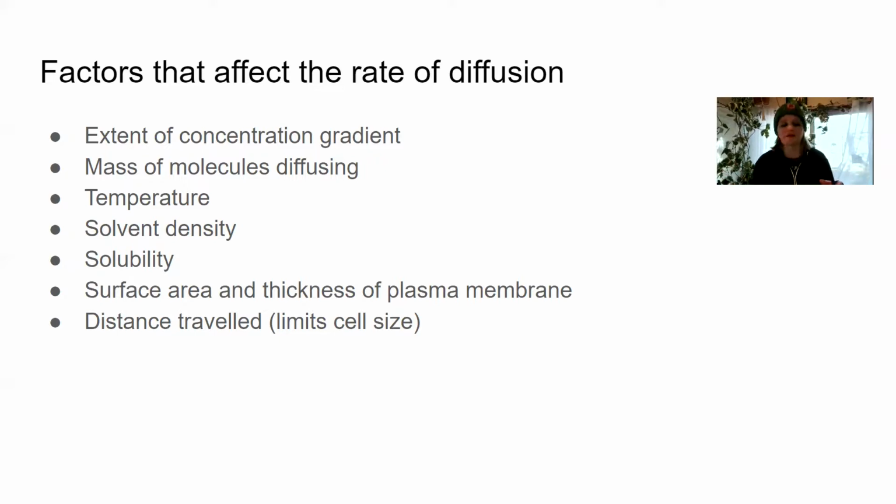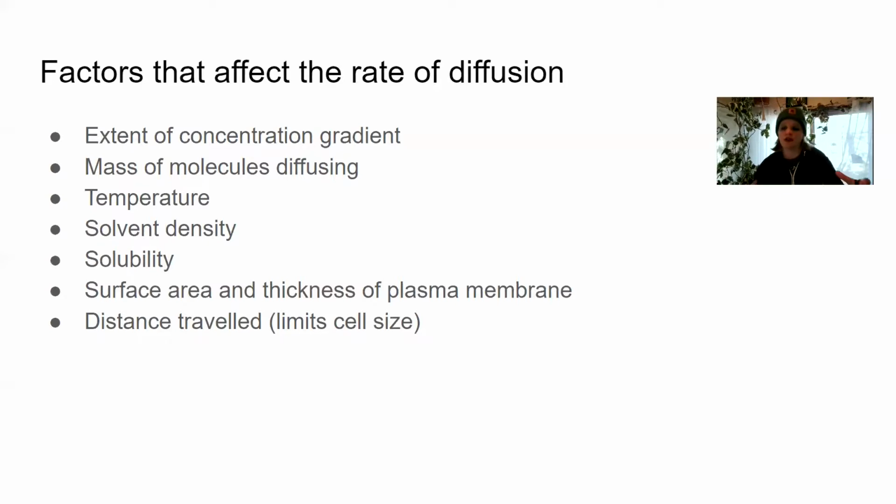If there's a really strong concentration gradient, then diffusion is going to happen quickly at first and then slow down as we get closer to equilibrium. Large molecules are going to diffuse more slowly than small molecules because big things tend to move slower than little things. The temperature of the solvent is going to matter.